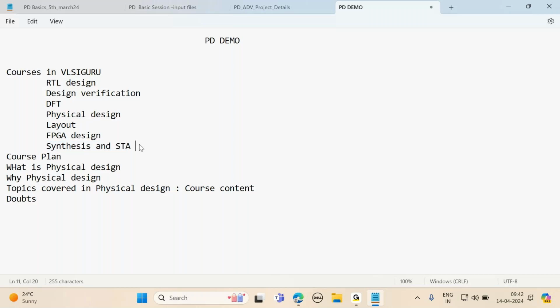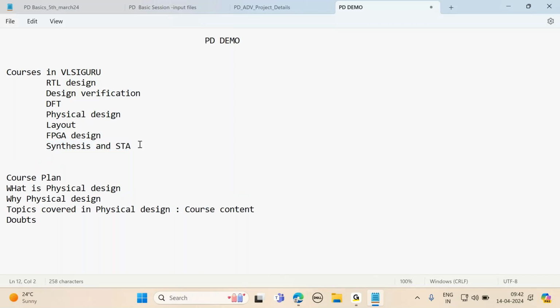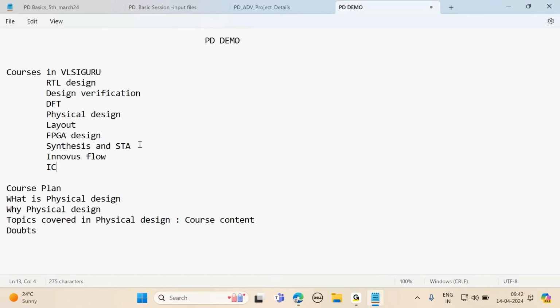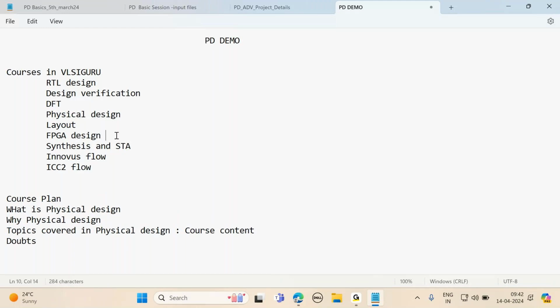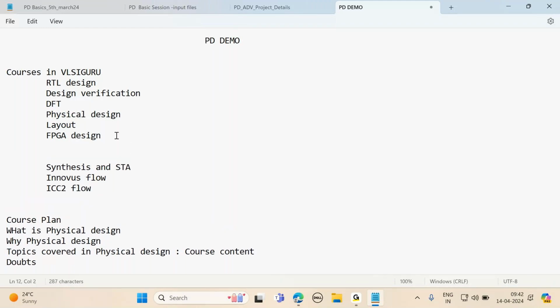And you also have courses like Innovus flow. If anyone knows the Synopsys flow and wants to know the Cadence flow, then we have the Innovus flow, and we also have the IC2 flow. We also have TCL. All these are not live training, they are e-learning. But all the other courses I mentioned are live training.